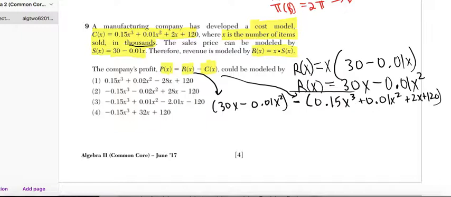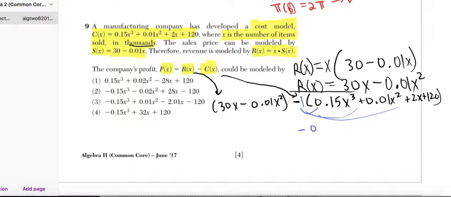Okay, when we're subtracting polynomials, the negative sign, you could imagine there's a -1 here. You multiply all the terms by -1, so all the terms change to the opposite sign, and since they were all positive, they're all going to become negative.